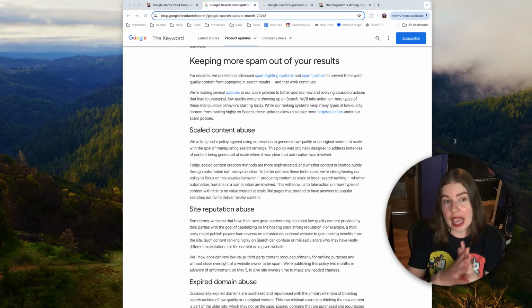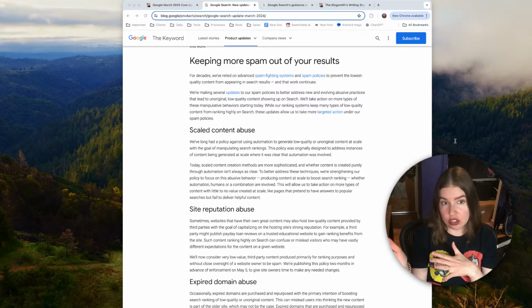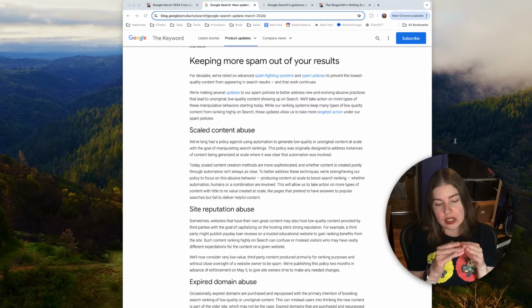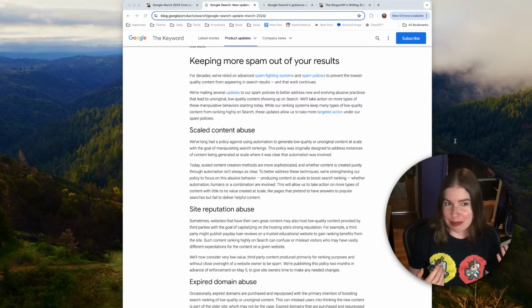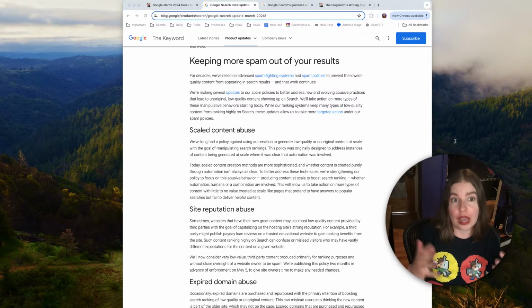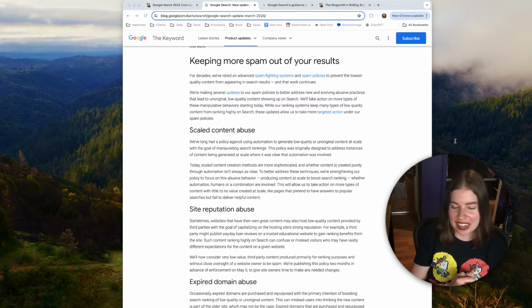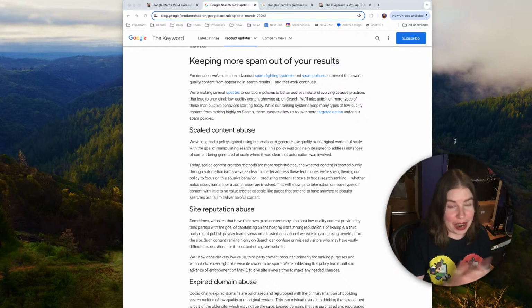And again, AI generated content, like I just showed you, is not against their policies, but it is if you're blatant about it. What's kind of interesting too is there were people on Twitter bragging about some of their AI experiments, generating thousands of pages of content, and talking about their rankings.